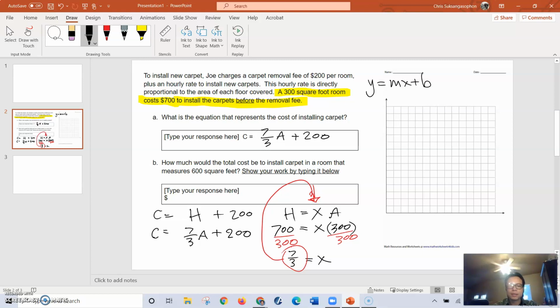Okay, so to kind of get an idea of what the graph might look like, let's plot some points here. So the x-axis is going to be your independent variable. So let's let that be the area of the room. Okay, the dependent variable will be your cost.